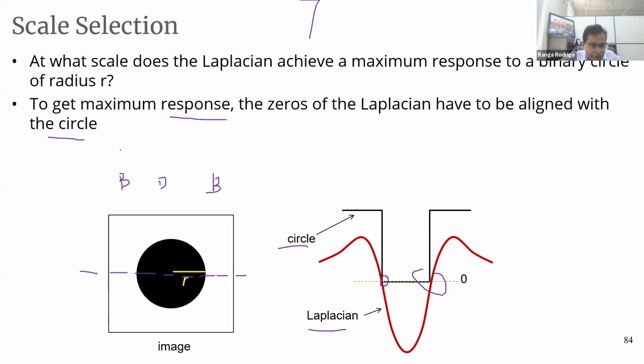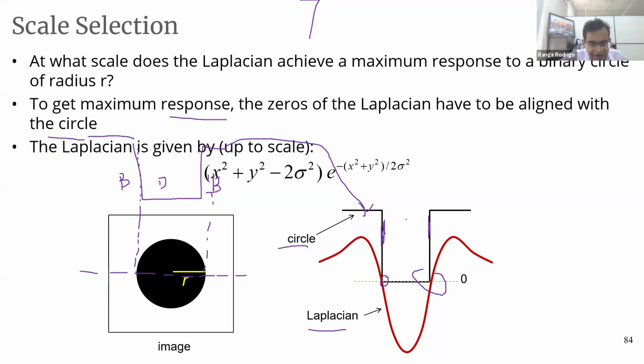If you draw a one-dimensional map of that, what you will see is this kind of a well. That is what we are representing here. So the zero crossings of the Laplacian must align with those image edges, with this one and that one. Using this, we can derive a relationship between sigma and r.